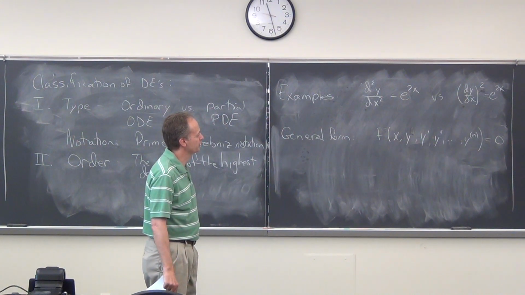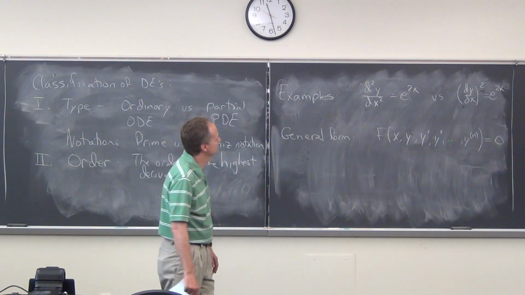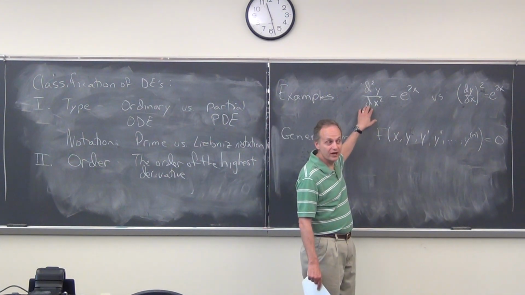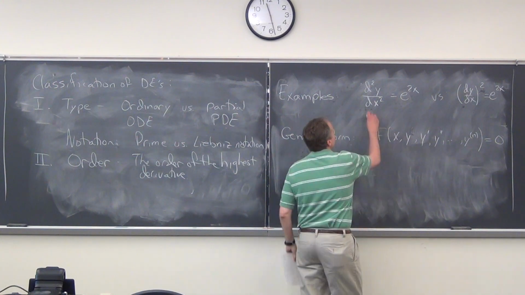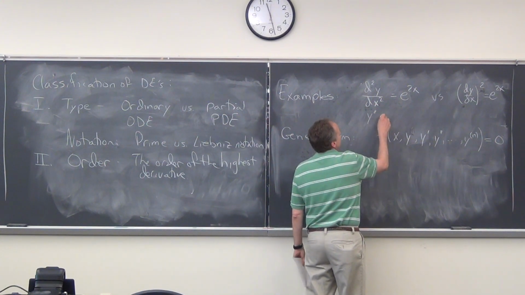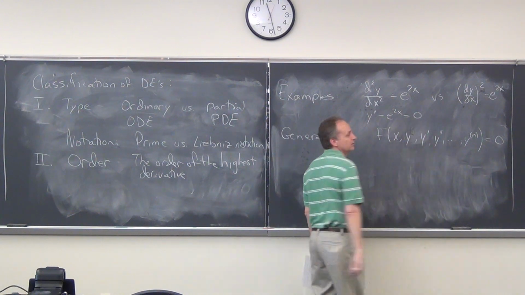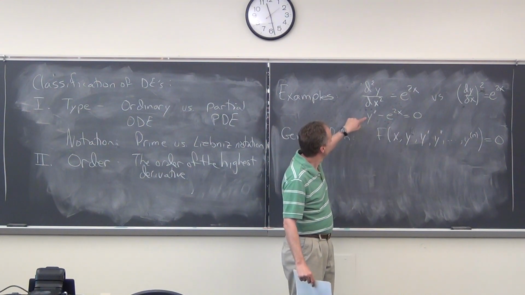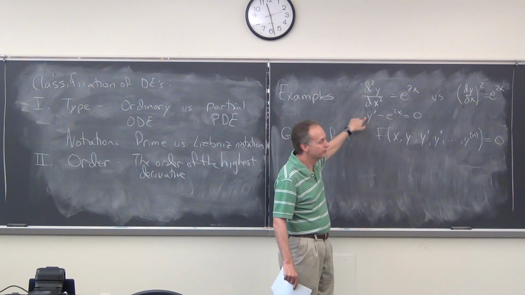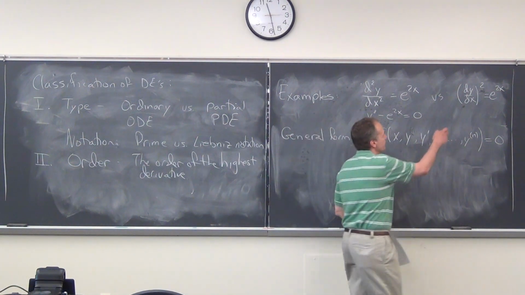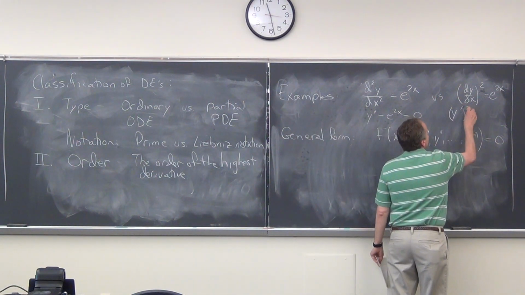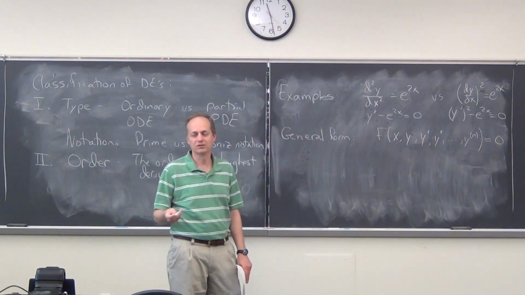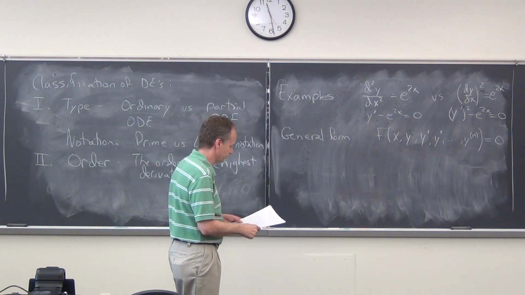That's assuming that the equation can be expressed in a form where everything is brought to the left-hand side. This equation could also be written using Leibniz notation or prime notation, like that. So the left-hand side is a function of x and the second derivative of y. Same kind of thing here. So it's just a handy way of talking in general about an nth order ordinary differential equation.